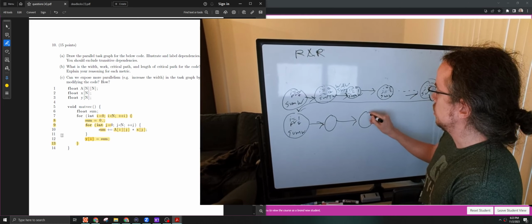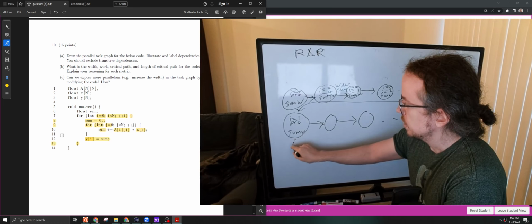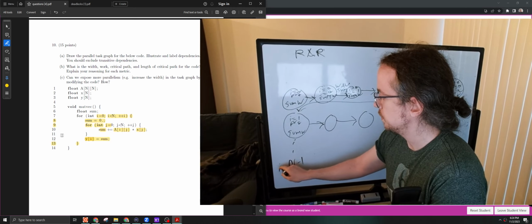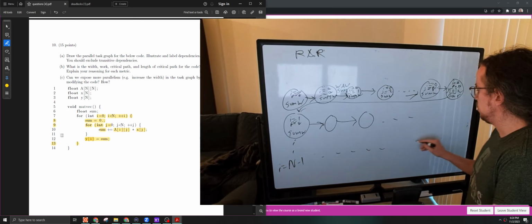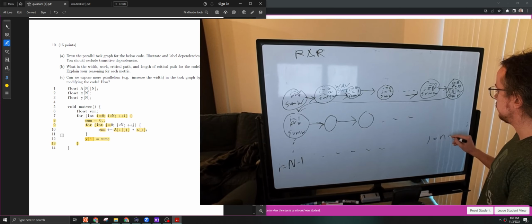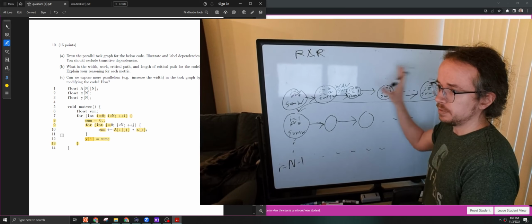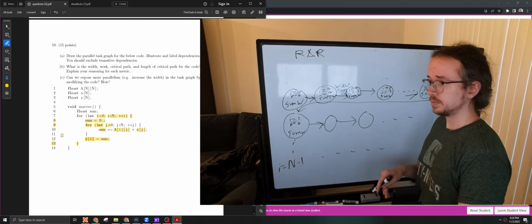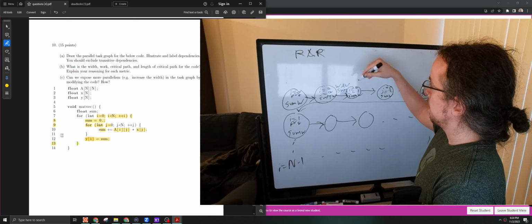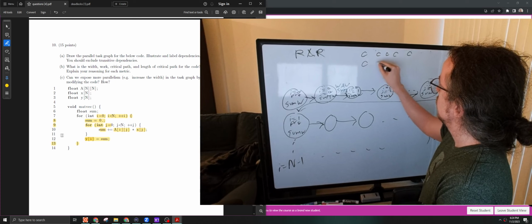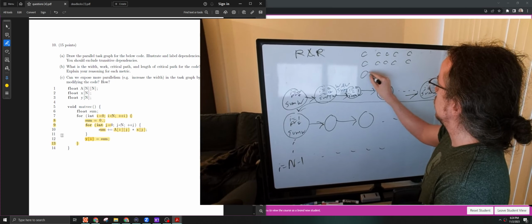So you're going to end up with the same pattern all the way down to i equals n minus 1, all the way to j equals n minus 1. And this is generally your task graph, and if you drew this, that's good. If you zoom out 50,000 feet, your task graph looks like this.